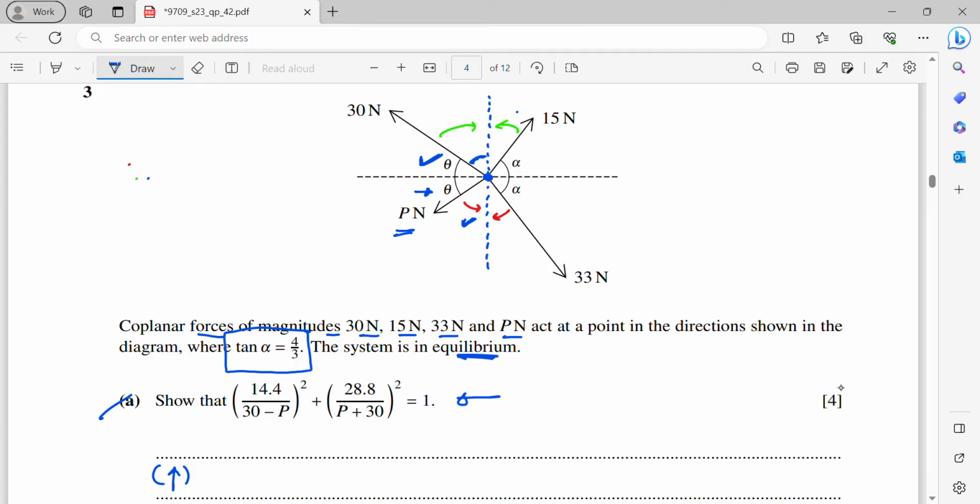Right, and I assume vertically up is positive. Which means now when I resolve 15 newtons vertically up, I will get 15 sine alpha, and together with the 30 newtons I resolve, it will be 30 sine theta.